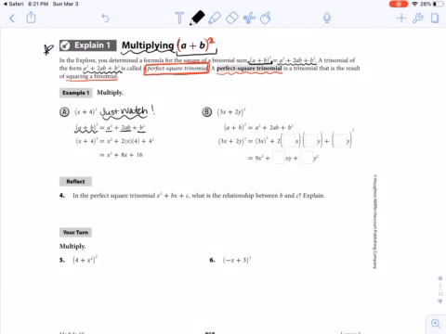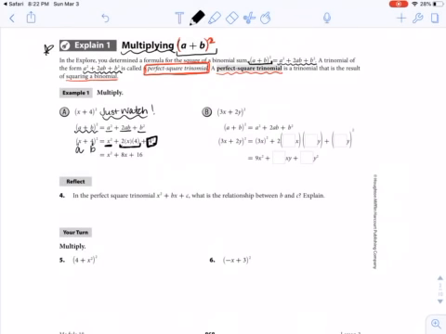Okay, and so if I go through and I say, well, my x is going to represent my a, and my 4 is going to represent my b, we get x squared, right, a squared, plus 2x times 4, which is 2ab, plus 4 squared, which is b squared.